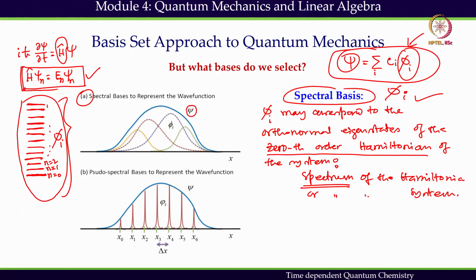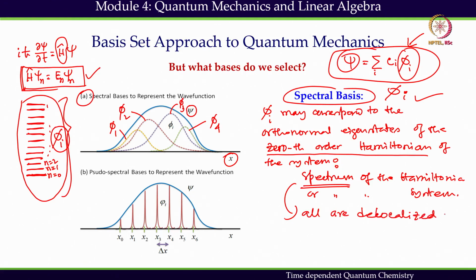I have the total wave function psi here, but psi has been represented by different wave functions phi I. Let us say this yellow one is phi 1, this brown one is phi 2, this bluish one is phi 3, this green one is phi 4, and one thing is quite clear, they are all delocalized in space. So, the spectral basis by its own nature is delocalized or global in nature.